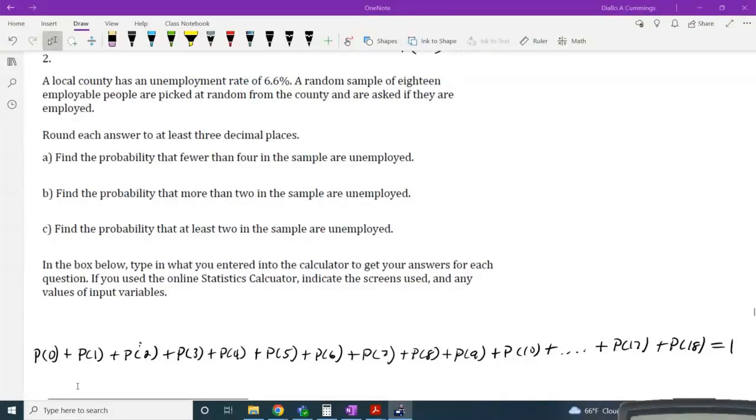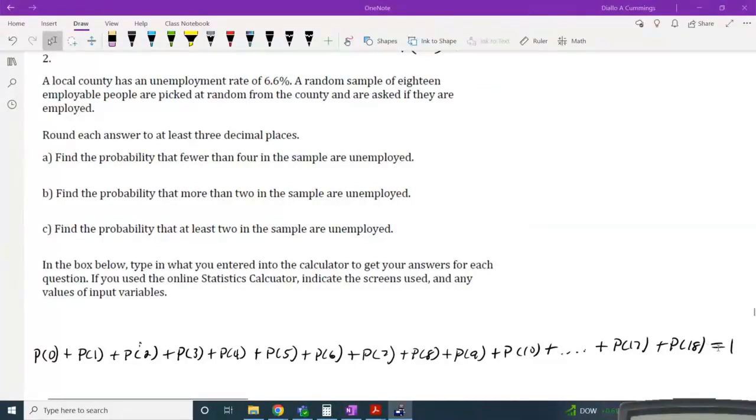Now what I've done at the very bottom, remember what constitutes a probability distribution. You must take all of the probabilities, and since we're randomly sampling 18 people, what I have down here is the probability that 0 people are unemployed, plus the probability that 1 person, plus the probability of 2 people, all the way up to 18 people.